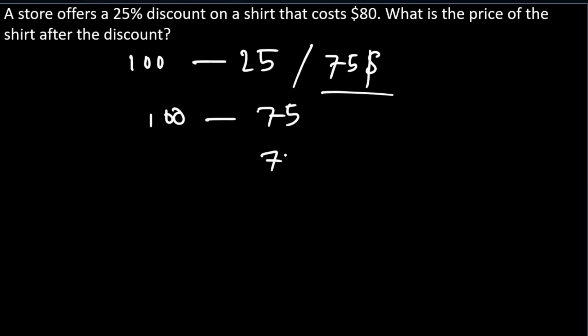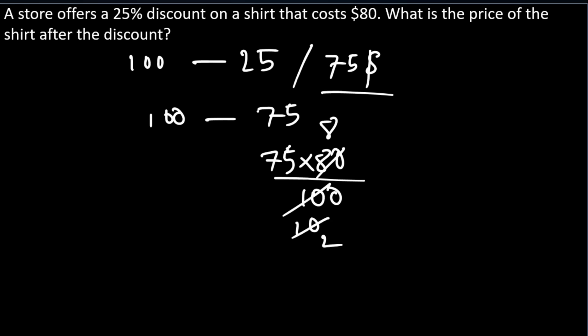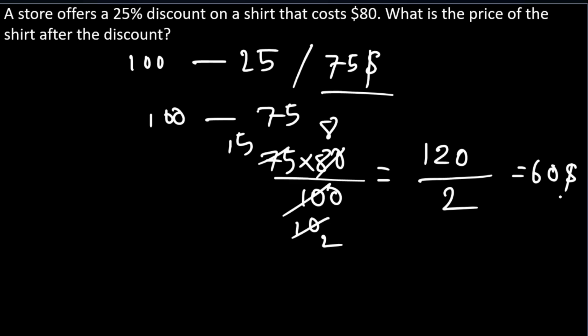So it's 75 times 80 over 100. Now 8 and 10 reduce by 2, and 5 will go over 75. It's 15 times 8 equals 120 over 2 equals $60. The $60 will be the price after the 25% discount on the actual price of $80.